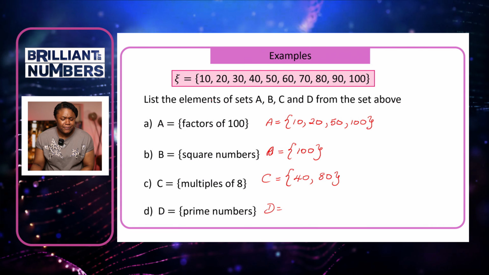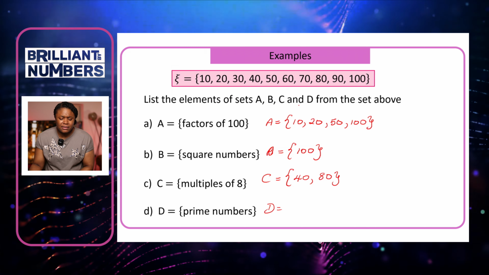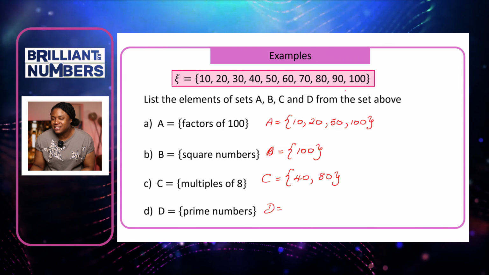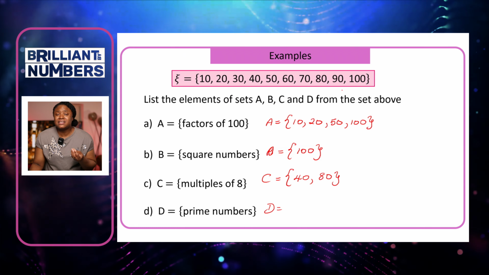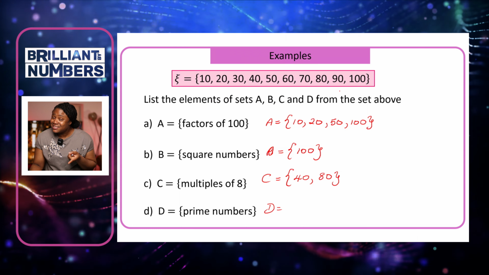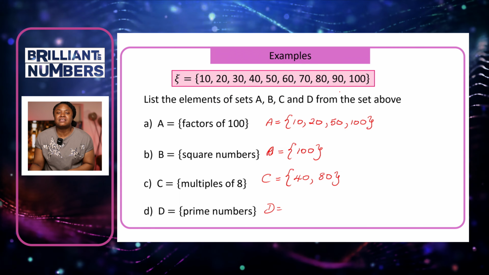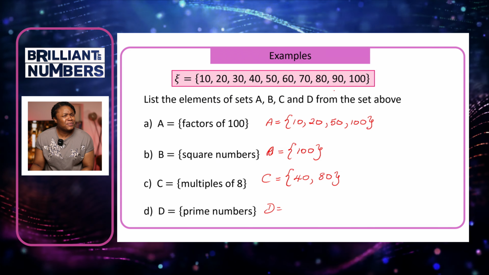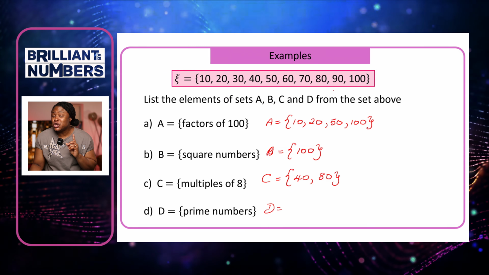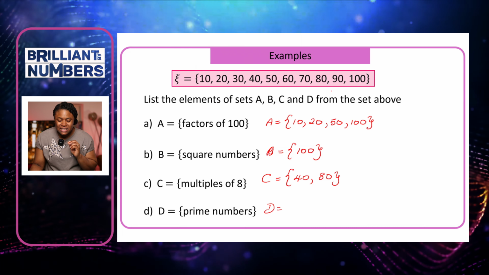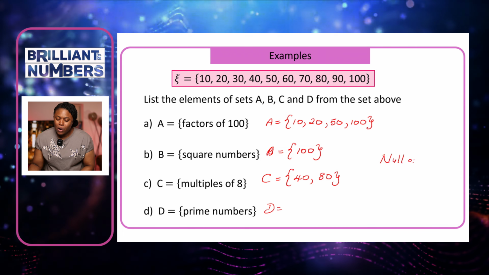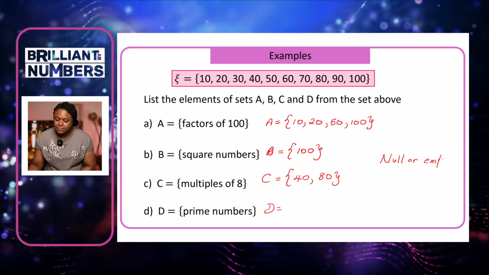So we check here. We've got 10, 20, 30, 40, 50, 60, 70, 80, 90. All these numbers have more than 2 factors. So in our list, there are no prime numbers. So how do we represent this? This is called the null or empty set. I'll just write that here. Null or empty set.